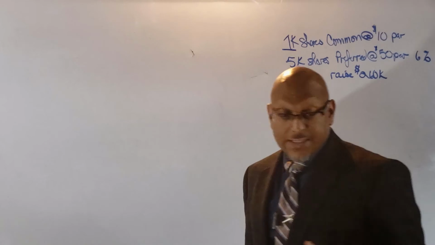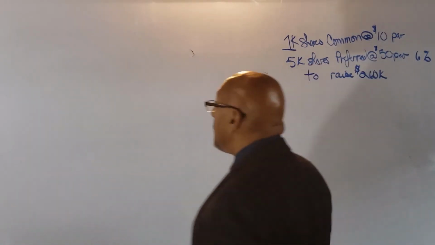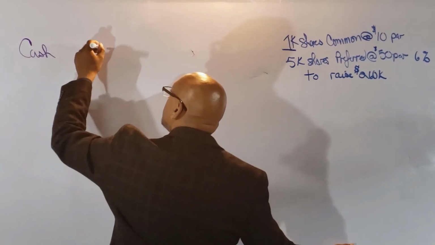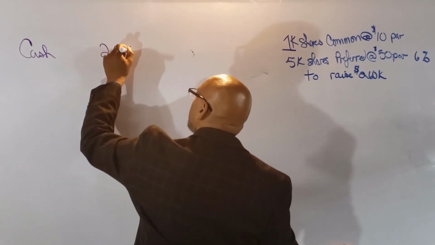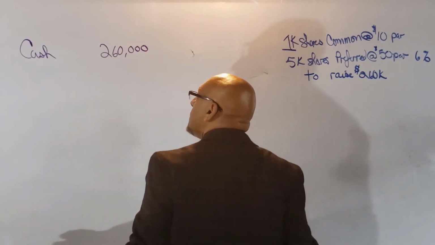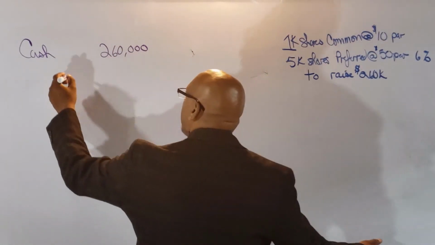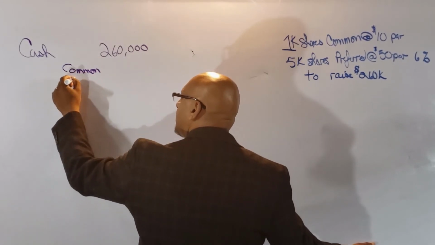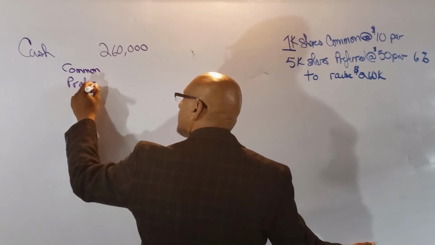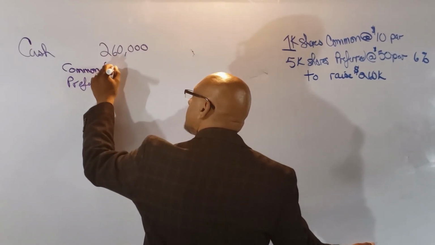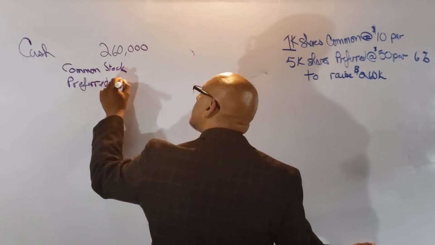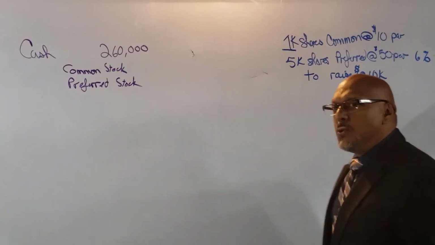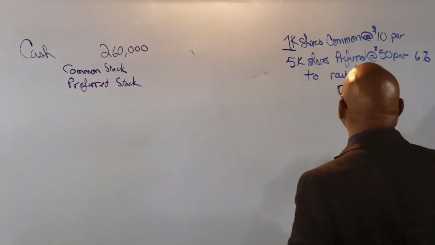So we're going to get cash in. And the amount of cash in, that's our debit, is $260,000. I'm going to write the whole number out so you can see it. So what do we credit? Well, we credit common stock and preferred stock. But we can only do the common stock and preferred stock at par.